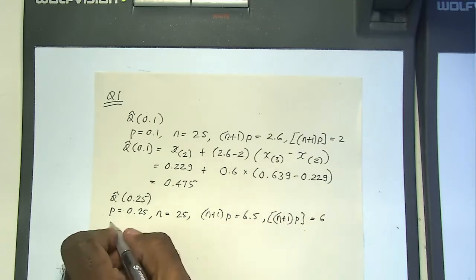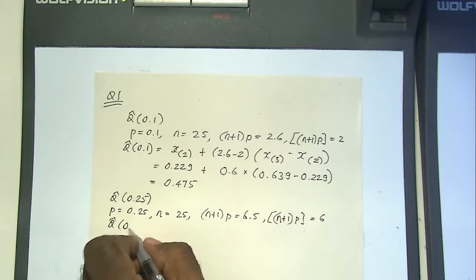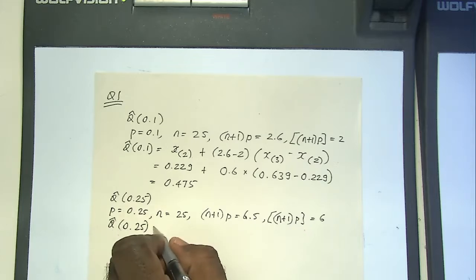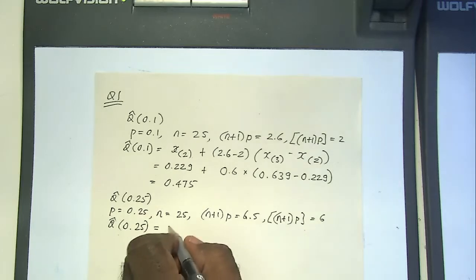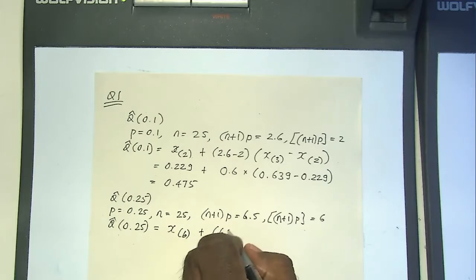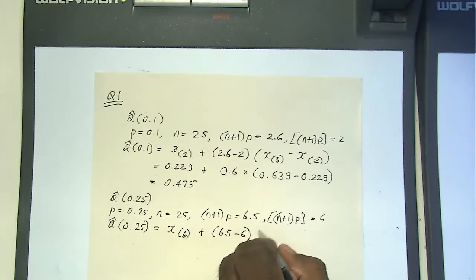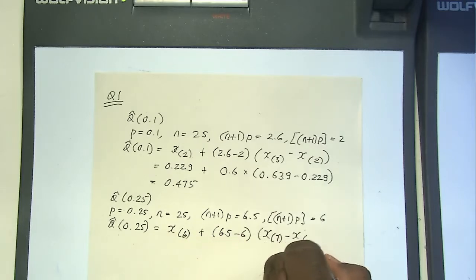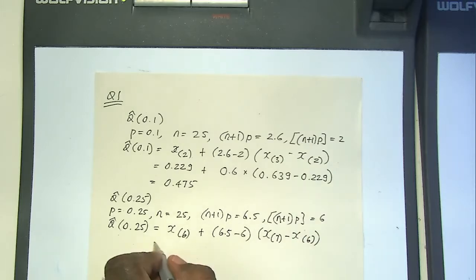So your Q hat at 0.25 will be, if you work this out, you will get 2.1055.